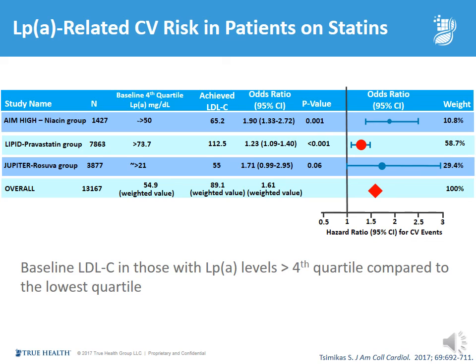So when you're evaluating risk, Lp little a adds to a patient's overall cardiovascular risk, irrespective of LDL cholesterol, which you see in at least two of these trials was driven extremely low to 65 in the top trial and 55 in the bottom trial, the Jupiter trial. So just keep it in mind. It's a bad, bad risk factor in those with the highest levels.